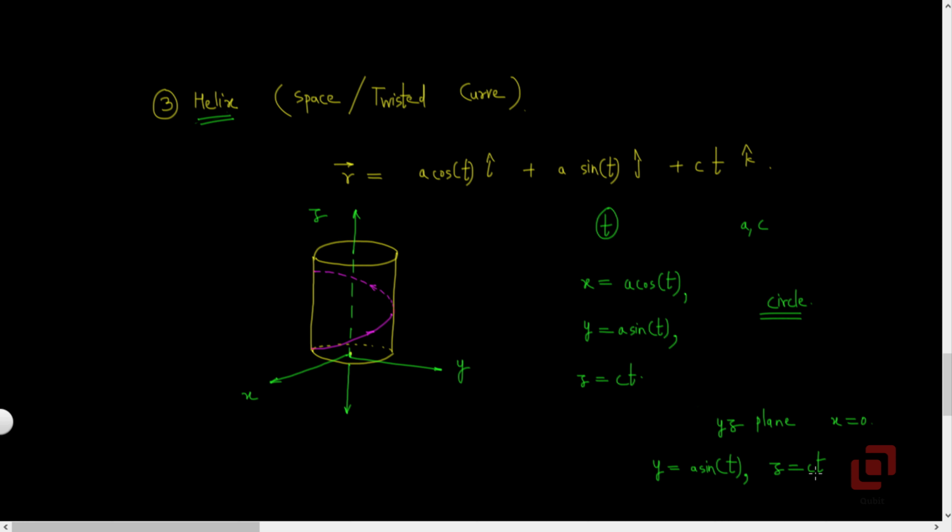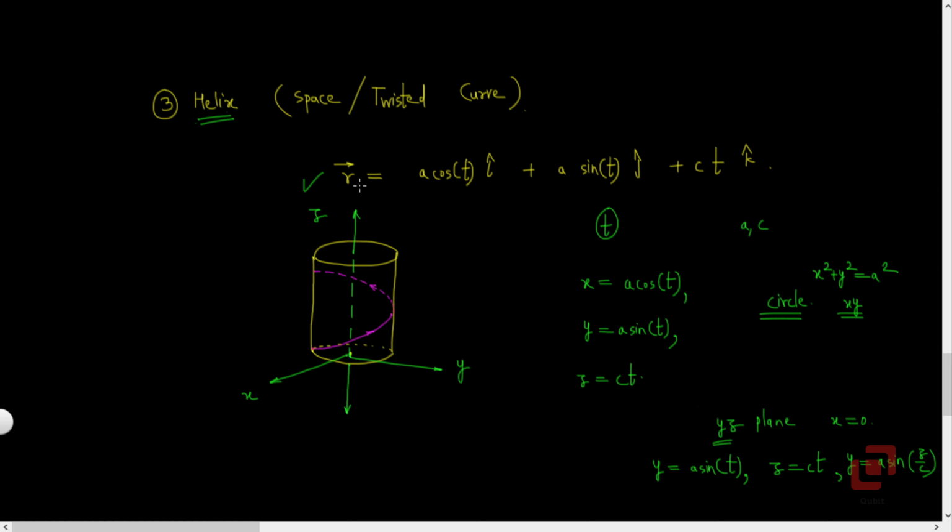Replacing t by z upon c, we will get y equal to a into sine of z upon c. In other words, to describe the helix otherwise, we will use the projections of the helix on the xy plane as well as the yz plane, which will be x squared plus y squared equal to a squared and y equal to a into sine of z upon c.